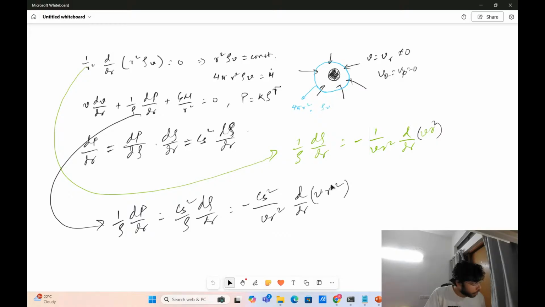Okay, fine. Now we just write this equation as this. So this will be v dv/dr minus cs square by vr square dv/dr.